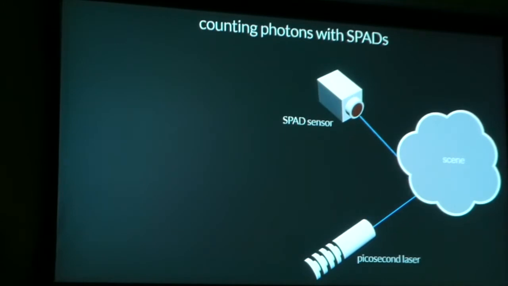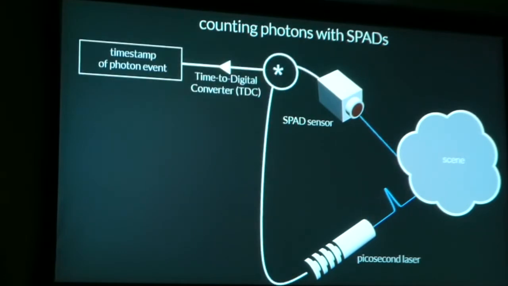So how does a SPAD work, and what types of measurements do we capture? Again, we pair our SPAD sensor with a picosecond laser. This is sending out very short pulses of light into the scene millions of times every second. And for each pulse that goes out into the scene and comes back to our sensor, we have a chance of detecting a single photon. And when that happens, the circuitry in the detector generates a timestamp of when that photon arrived with respect to when the laser pulse was emitted.